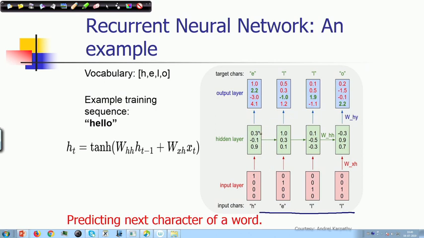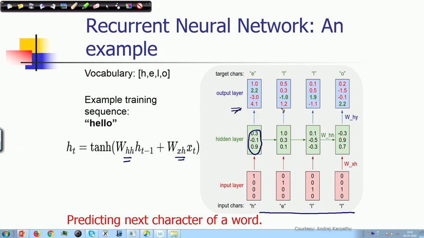Now, the hidden layer has 3 nodes, 3 vectors. So, accordingly you should have the weight vector w h h and also w x h x t, that should come here, and then you are using a tan hyperbolic layer. So, there are 3 such nodes here, and from there your output is also considered as an output vector, a 4-dimensional vector.